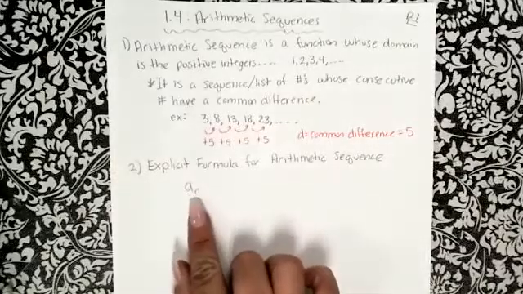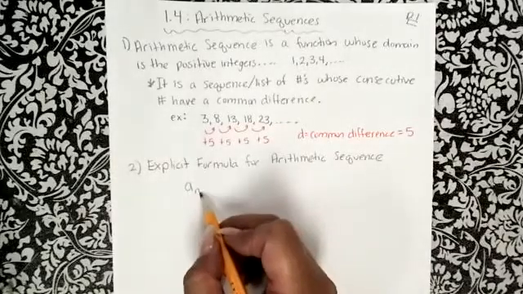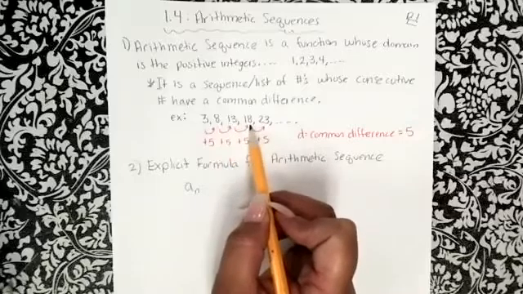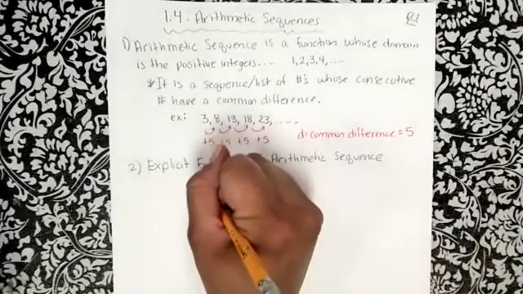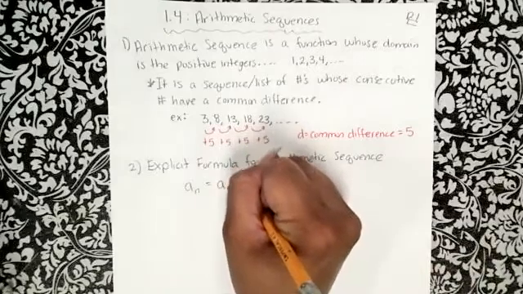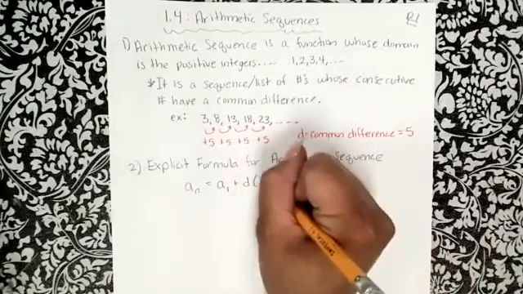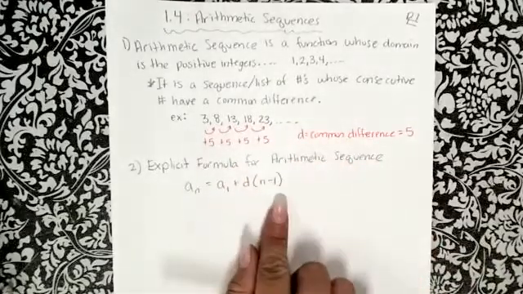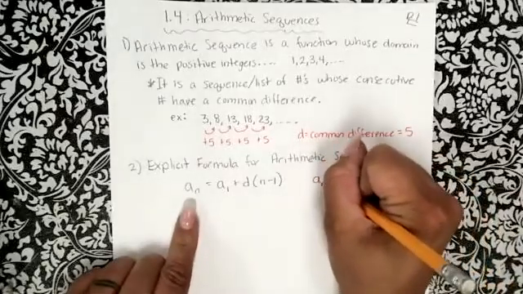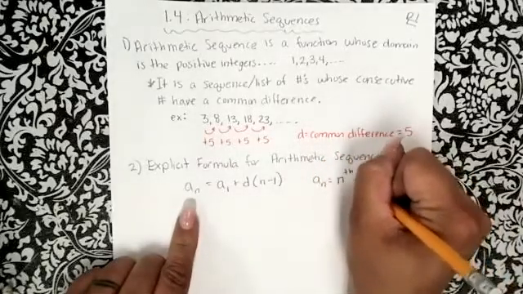Now, when I say A of n, that means the nth term. So that will be A1, that's A2, that's A3, that's A4, and so on. So it is A1, the first term, plus the common difference times n, which is the number term, minus 1. Now, that is the general formula, where A of n equals the nth term of the sequence.